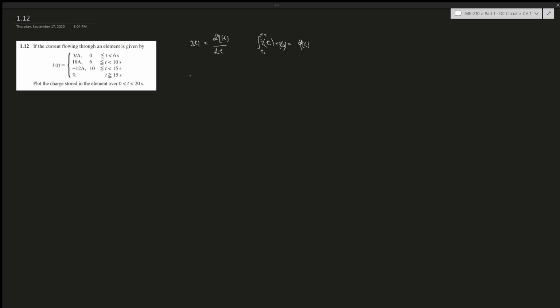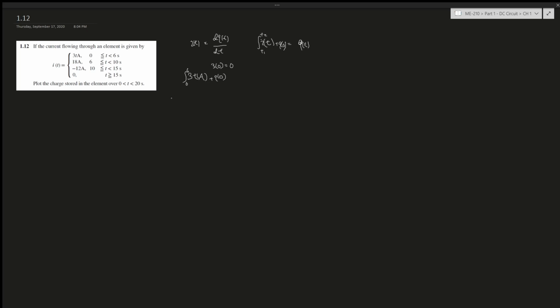Okay, so the first one is 3t A, where A is just the unit. So we take the integral of 3t from 0 to 6 plus q(0). q(0) is just 0, because 3t when t equals 0 is 0.